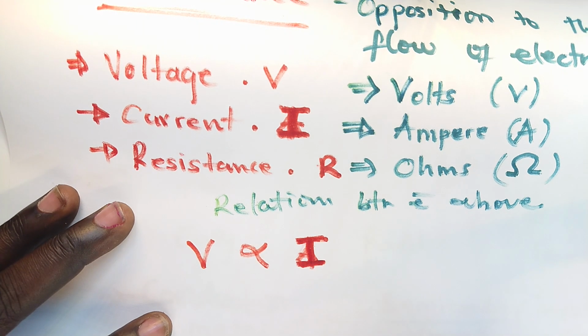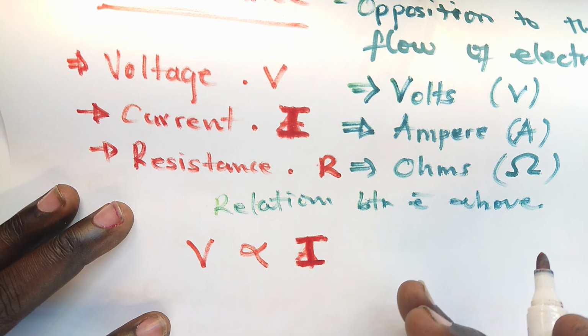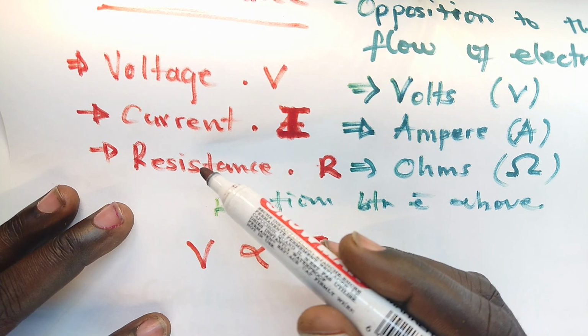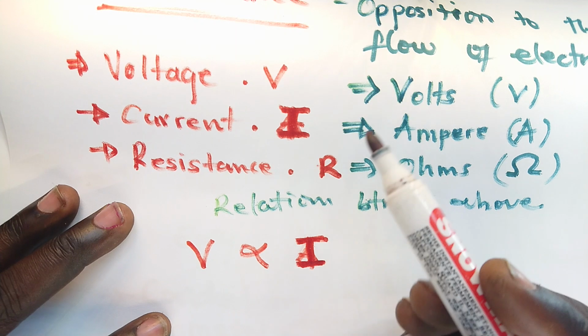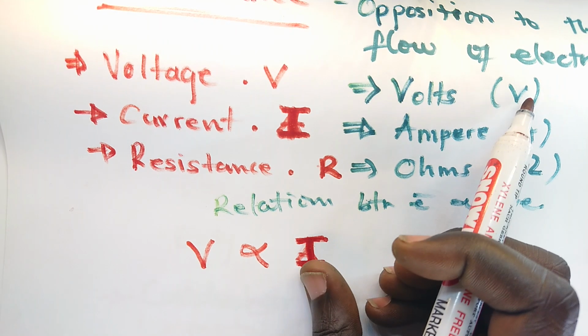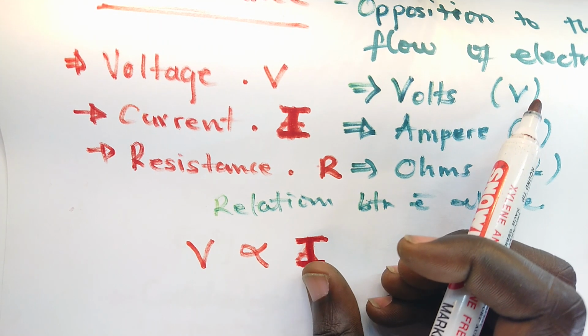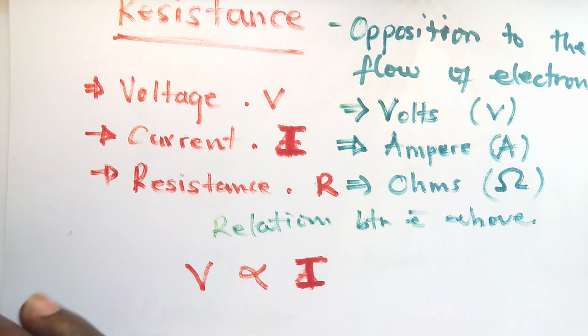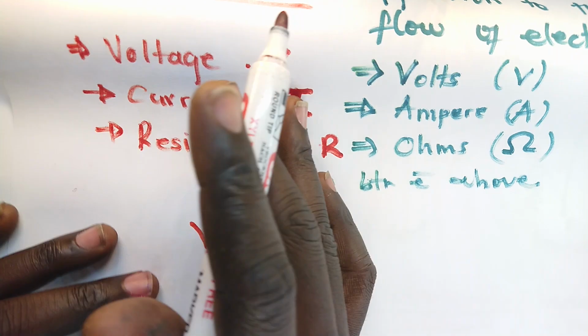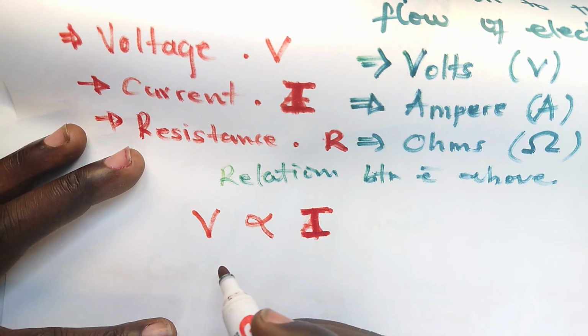When we say there's direct proportionality, we mean that when voltage increases, you expect the current to increase. In other words, when you provide more energy to push electrons, that means more electrons will actually flow. So voltage is directly proportional to current.